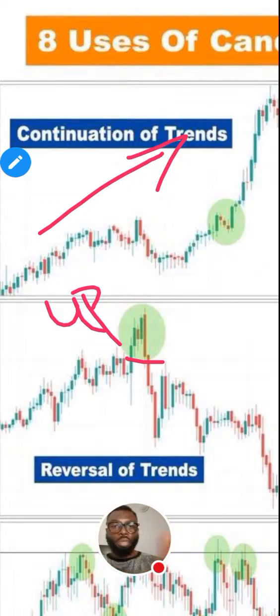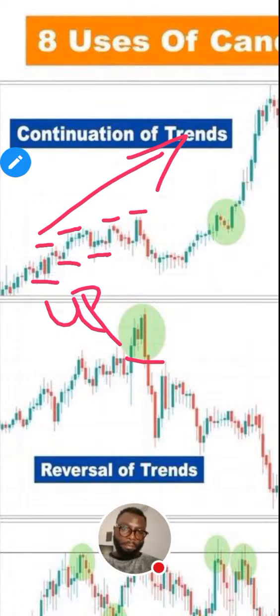I'm talking about continuation. If you watch here now, you see this market maintain the structure. And what is the structure? You can see we have a low here. We have a higher low here. We have a higher high, sorry. We have a higher low, a higher high, higher low, higher high here. We also have a higher high here. Then the market came, gave us this low, like an inducement.